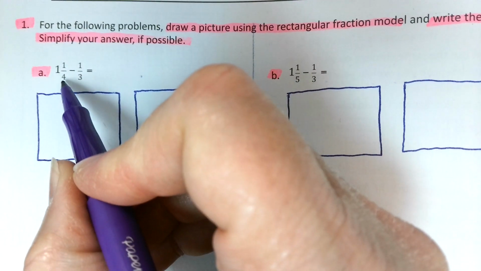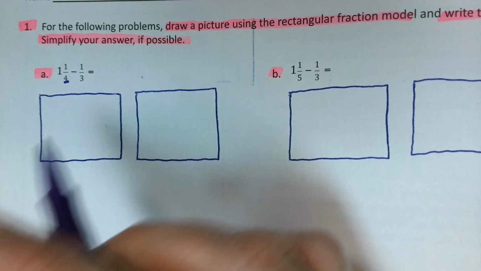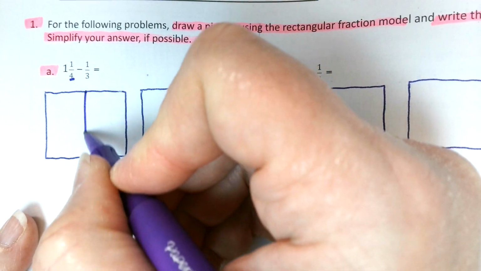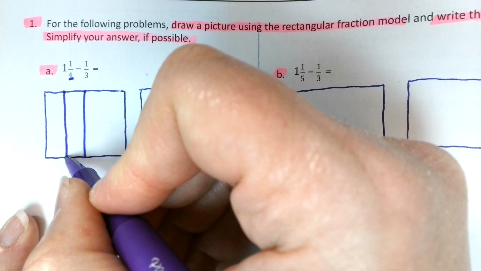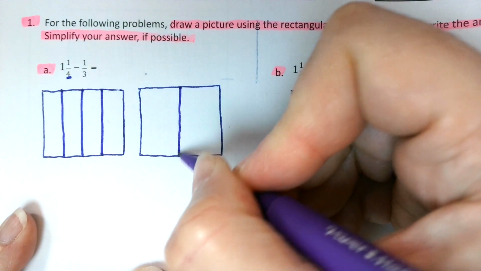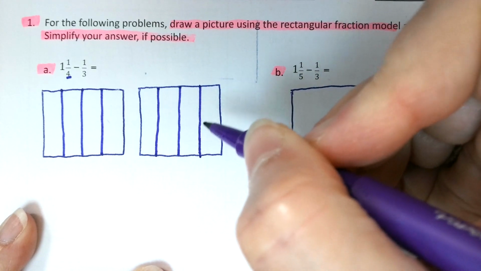So what we do first is we look at our whole number fraction, and this one has fourths. So our whole is going to be divided into fourths, but we're still going to divide our second square into fourths.